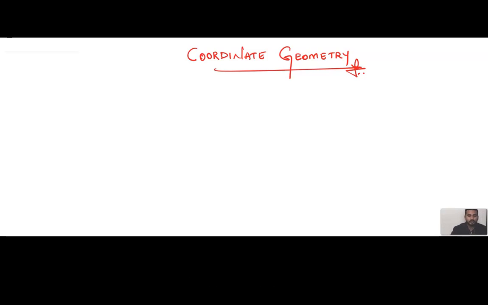Dear students, as you all know, we have covered the class 10th mathematics chapter coordinate geometry basics, right?